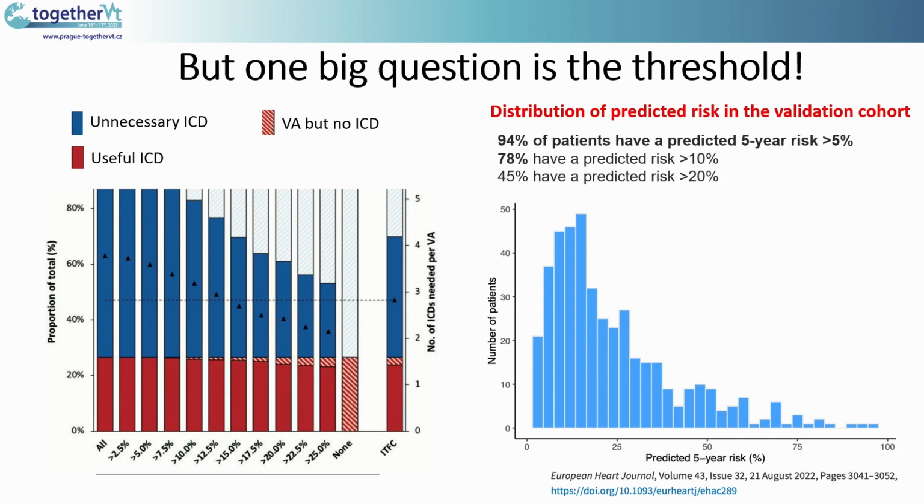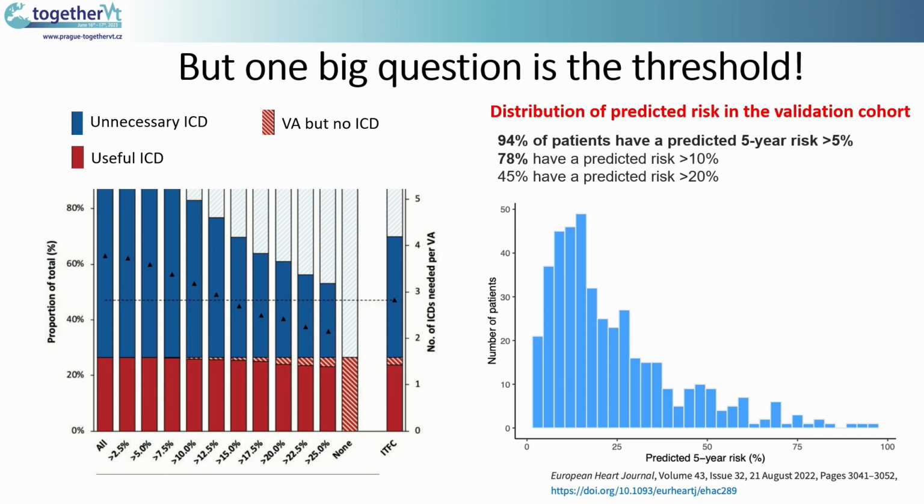Another very important question is the threshold. When you build a score, you want to know at what threshold you should implant an ICD. For instance, for patients with hypertrophic cardiomyopathy, the guidelines say that if your score is above 6%, you should propose an ICD to your patient. But if you apply this threshold to this score in RVC, you can see that more than 90% of the patients have a predicted 5-year score above 5%.